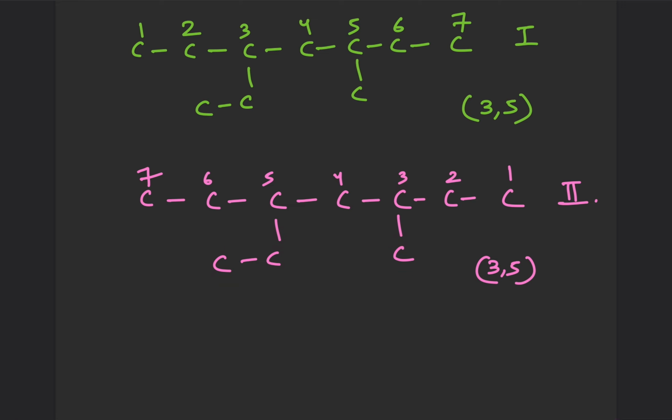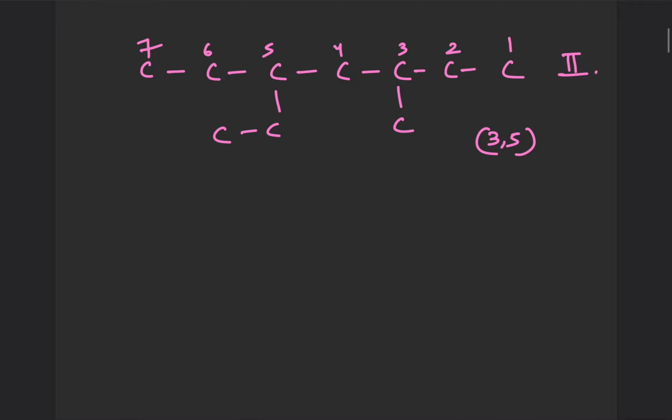And whenever this happens, numbering of the parent chain is done in such a way that the alkyl group which comes first in the alphabetical order gets the lower number. Very important.